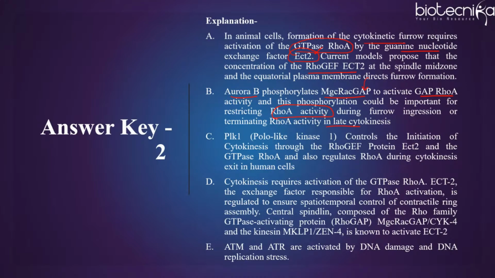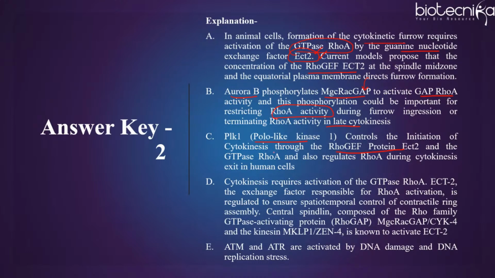Then the next important protein is polo-like kinase 1. It controls the initiation of cytokinesis through the Rho GEF protein ECT2. For that you need polo-like kinase 1. What is cytokinesis? The furrow formation, the division of a parent cell into two daughter cells, right?